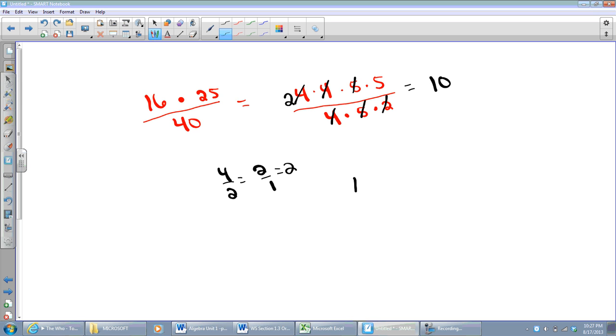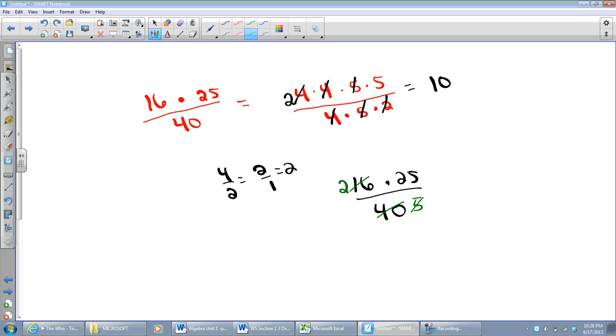Okay, now I don't do all that work. If I was doing it as a student, I would do this. I would say, well, let's see here. I know that 8 goes into both these numbers. 8 goes into 16 2 times, and 8 goes into 40 5 times. And I know that 5 goes into both 25 and 5.